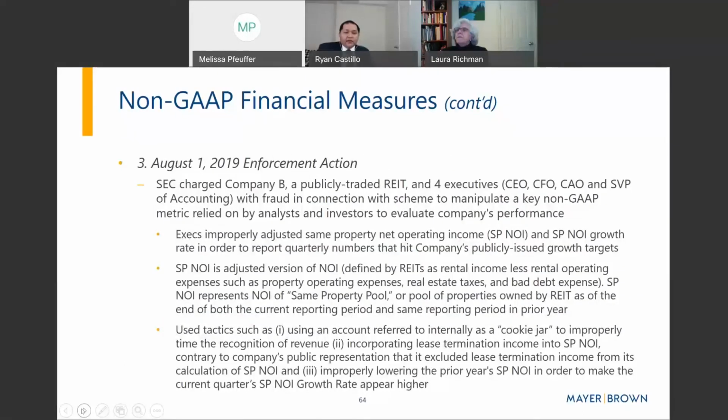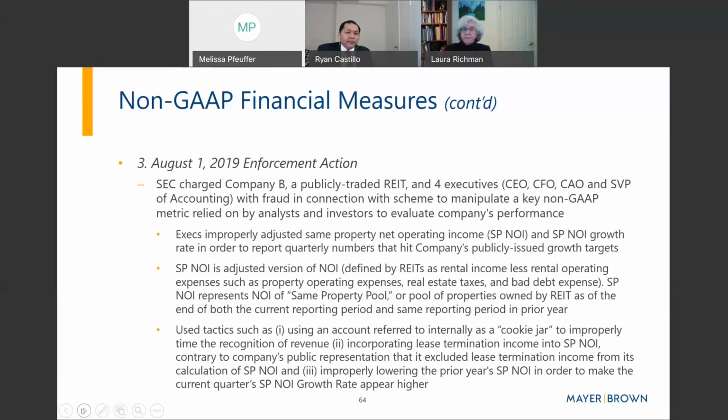Case number 3. This is a case of accounting fraud and manipulation by executives of a non-GAAP measure that was important to analysts and investors, namely same property net operating income or SPNOI. The company made improper adjustments to make it appear that it was meeting quarterly earnings targets. It lowered the prior year's SPNOI to make the current quarter's growth rate appear higher.